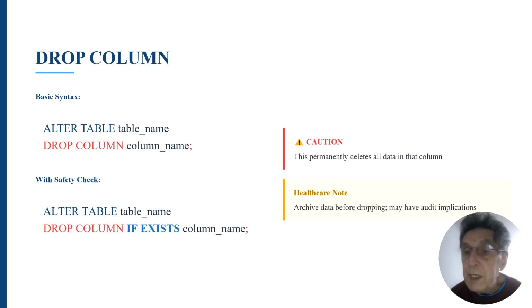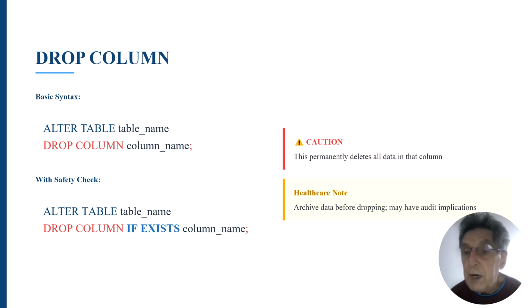Now remember, this permanently deletes all the data in that column on all your rows, all your records. It cannot be rolled back because DDL statements auto-commit. They imply a commit instantaneously. So it may break applications and reports that reference this column.